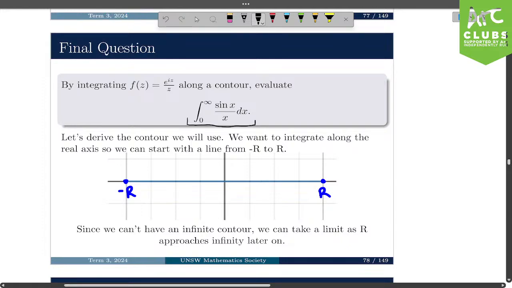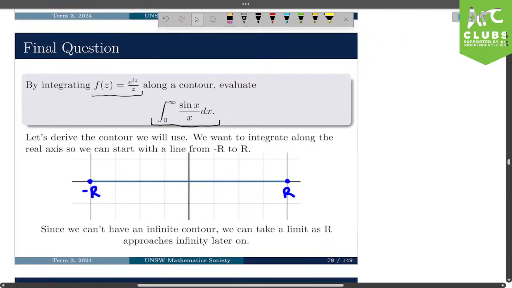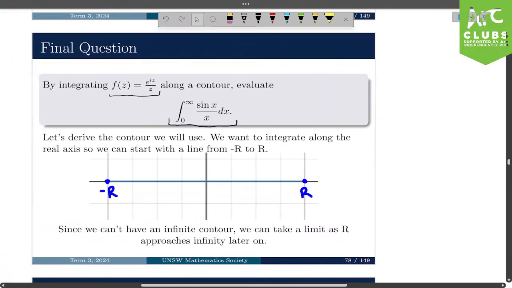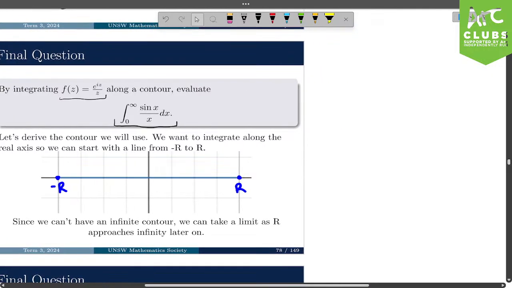And the question tells us to integrate this function f of z equaling e to the iz over z along a contour. So before we actually jump into the solution, let's find some intuition as to how we could approach this, right?